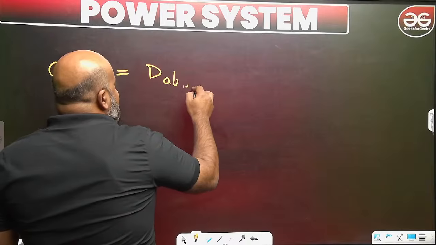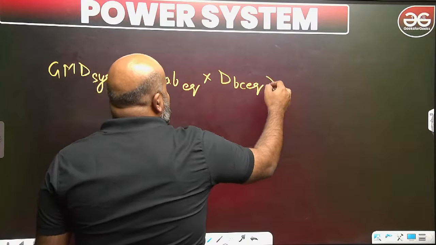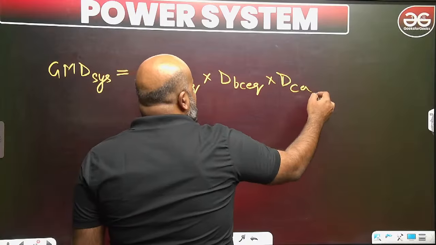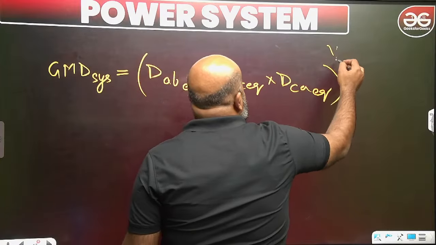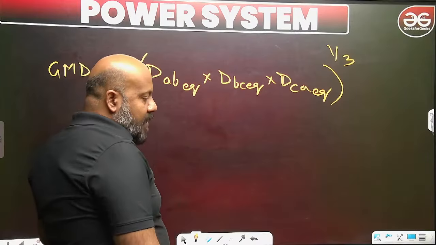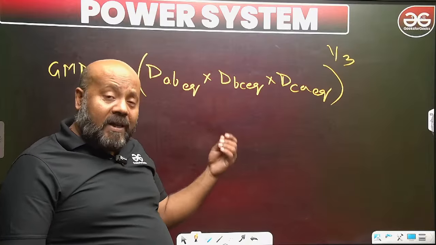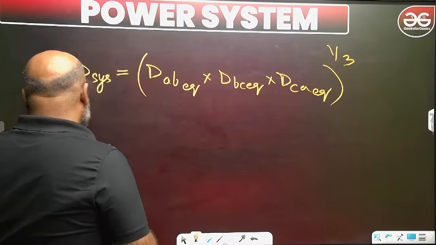Find DAB equivalent, DBC equivalent, DCA equivalent, and how many distances are you getting? 3, so the effective root is 1 by 3. Now what is DAB equivalent? This is very interesting.